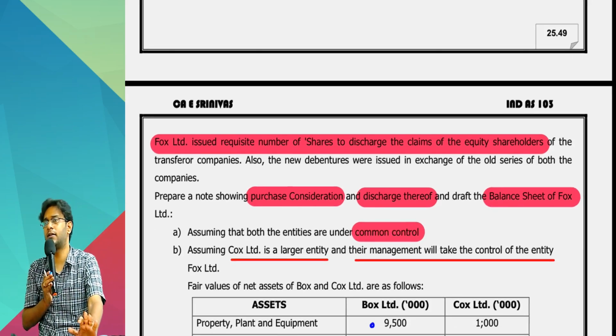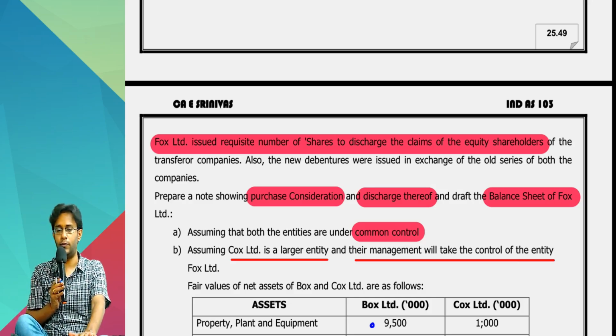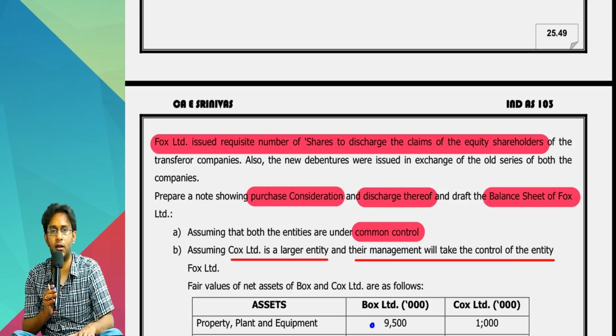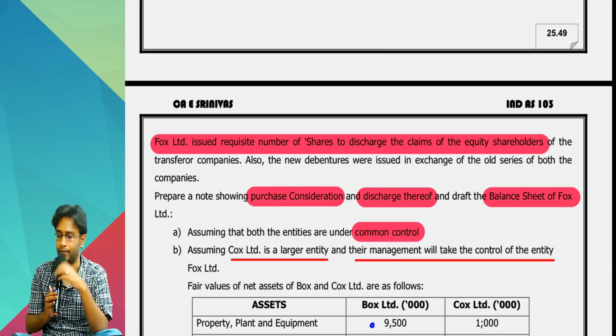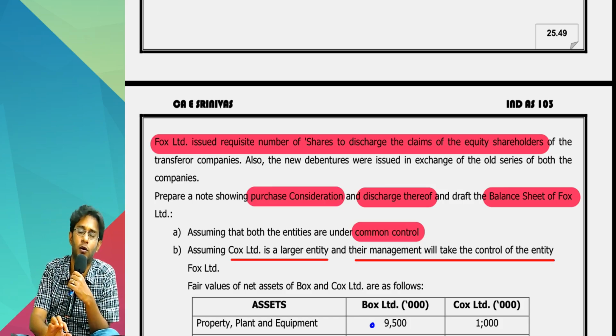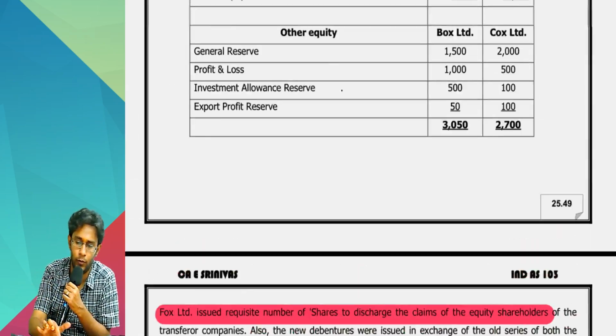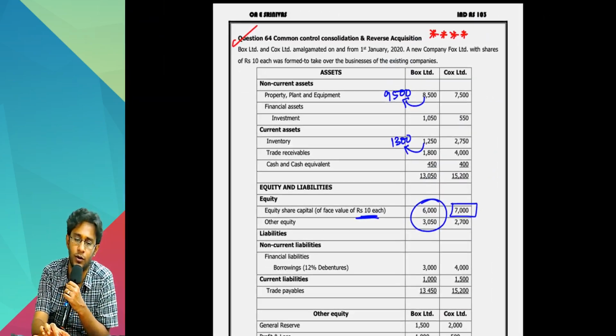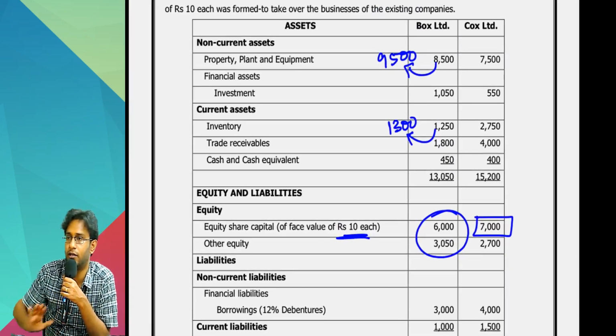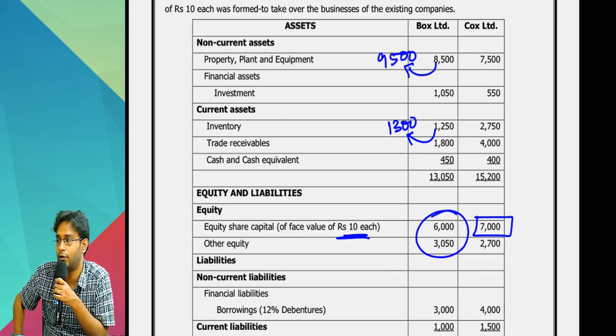Now carefully listen: for a common control transaction, which method of accounting will apply? Pooling of interest method. Now the original rule of pooling of interest method is that all assets and all liabilities should be taken over at book values, correct?